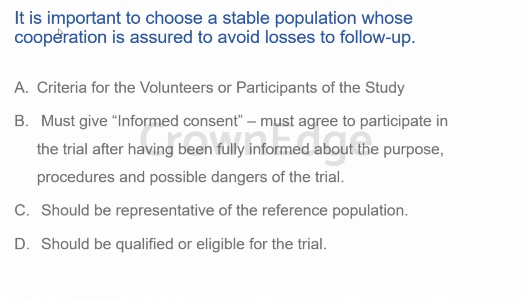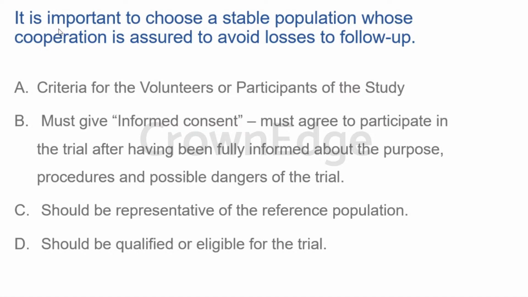The criteria for volunteers or participants of the study have to be decided. The participants have to give informed consent to participate in your study. It is a document, the consent form, in which you explain everything about your study: why you are doing that study, what that study is actually about, what you are testing.